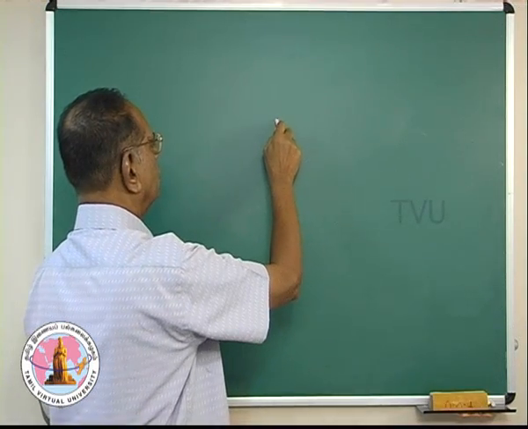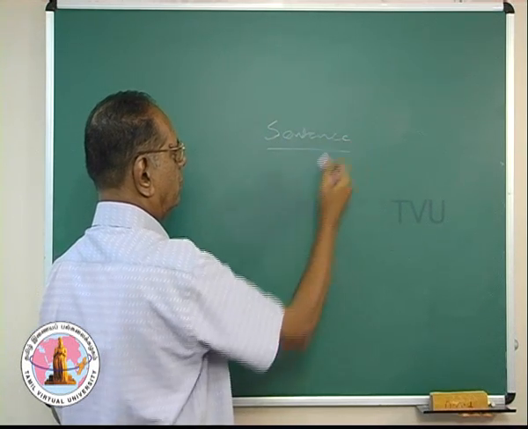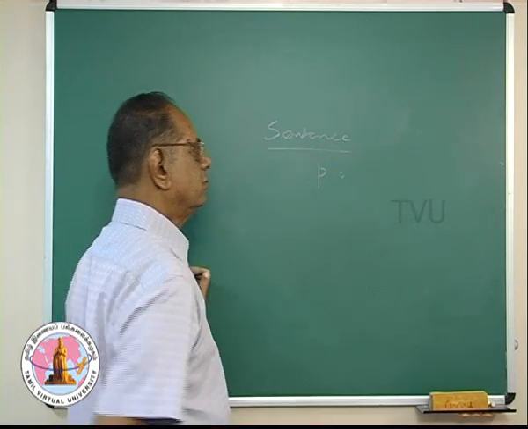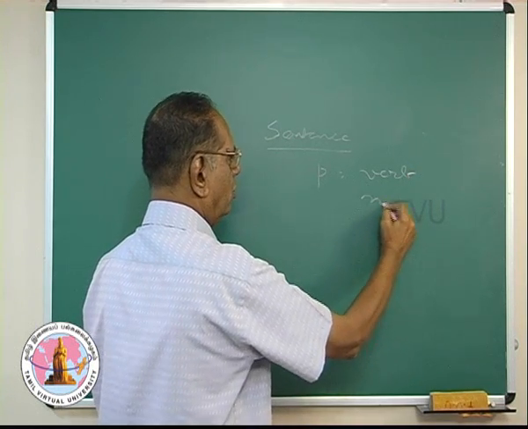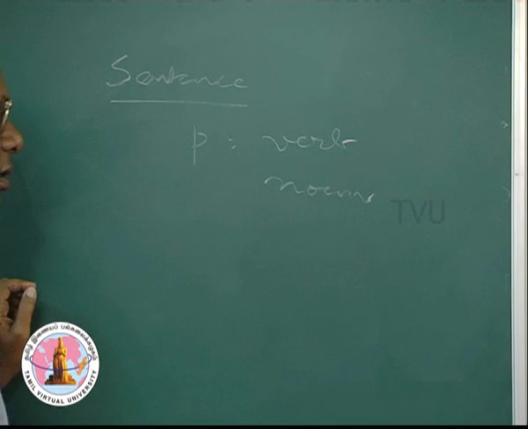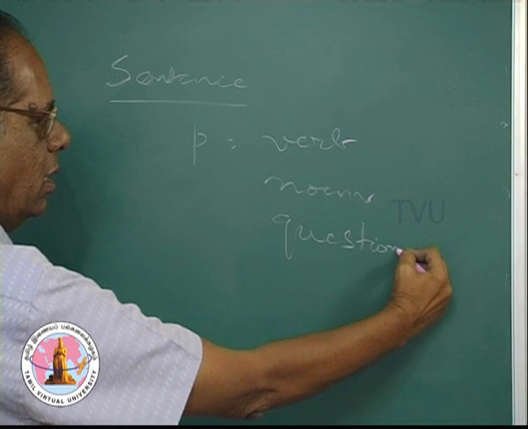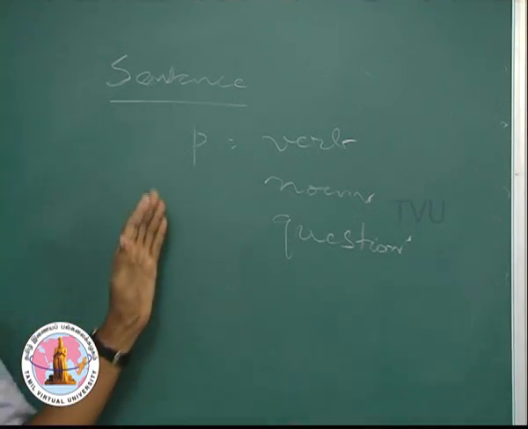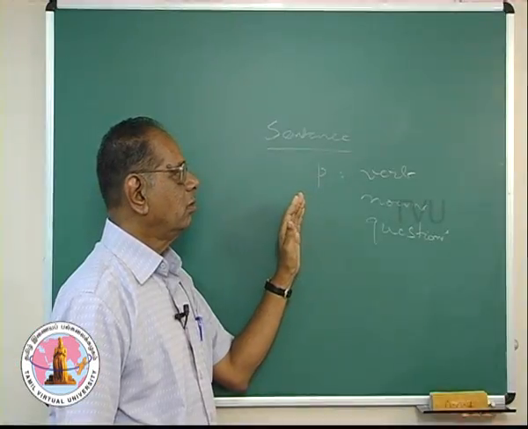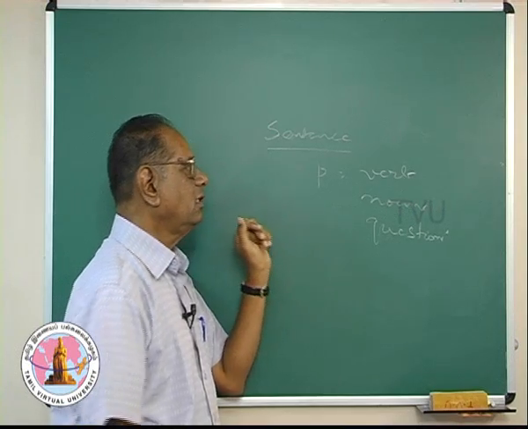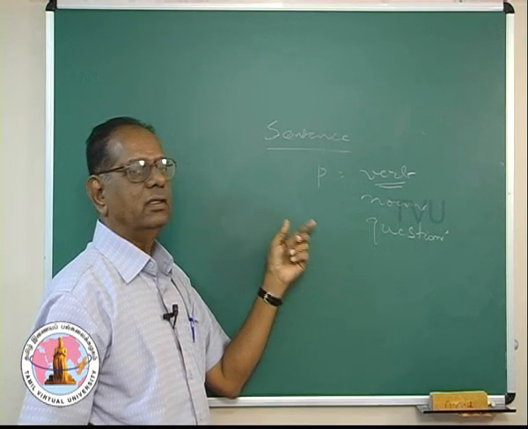So, in a sentence, the predicate can be a verb or a noun or a question. As a result, there is no rule insisting upon the verb being the predicate of a sentence.